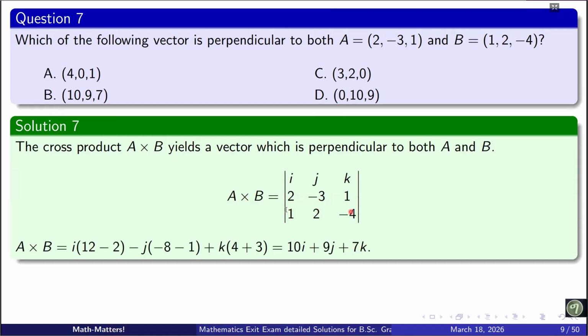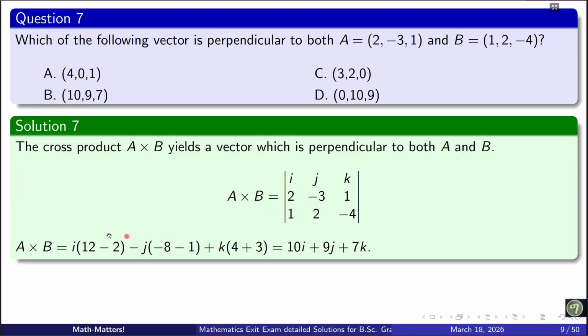If we expand along the first row, it is i multiplied by, deleting the first column, minus 3 times minus 4, which is positive 12, minus 2 times 1, that is 2, minus j into, deleting the second column, 2 times minus 4, which is minus 8, minus 1 times 1, that is minus 1, plus k into, deleting the third column, 2 times 2, which is 4, minus 1 times minus 3, which is minus of minus 3, that is positive 3.